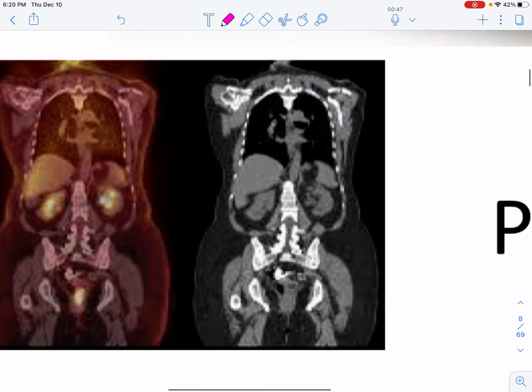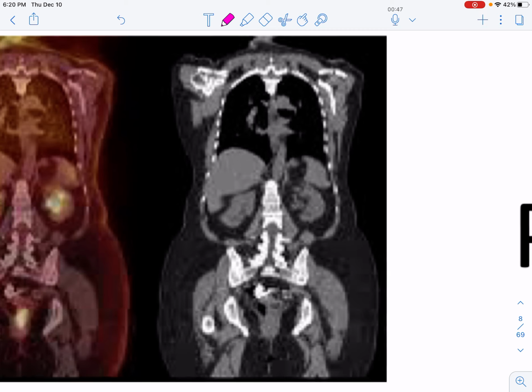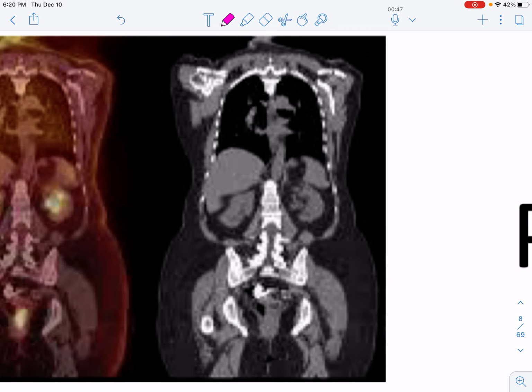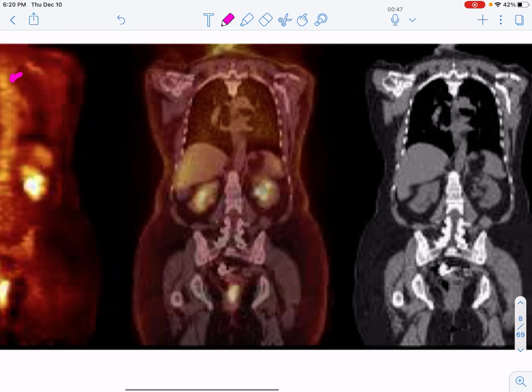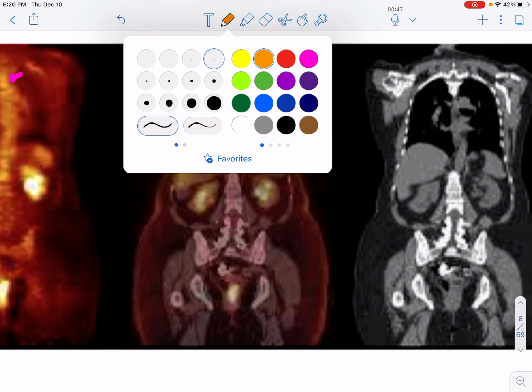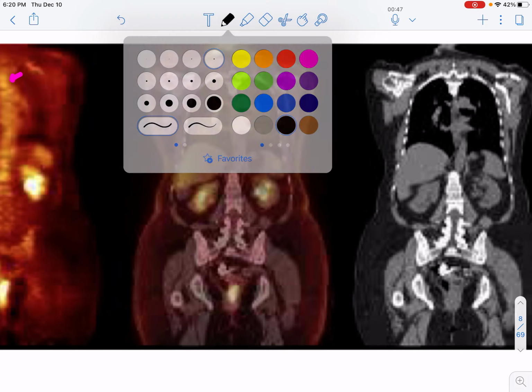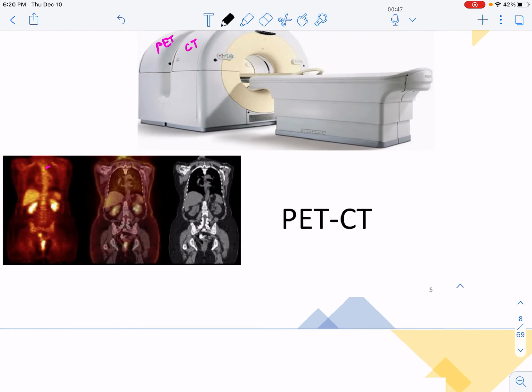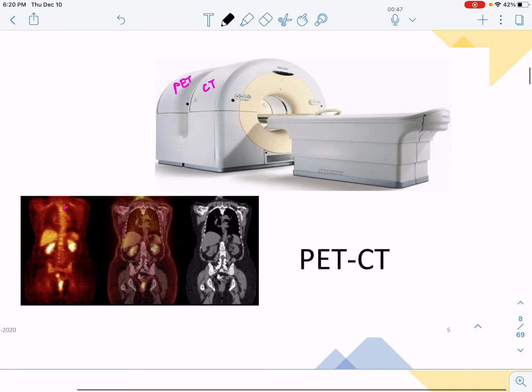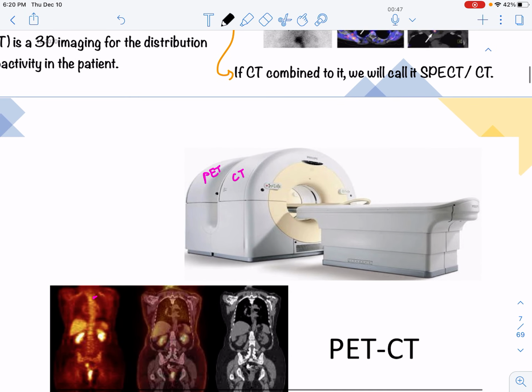So they developed a fused imaging, but this is the anatomical part and this is the fused. Look how amazing this picture is, because we can detect exactly where the lesion is. علشان كده PET CT مرة قوية في التشخيص. طبعا على حسب إيش إحنا بنشخص.